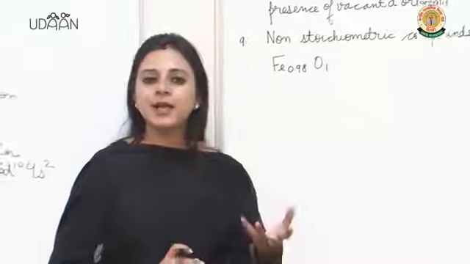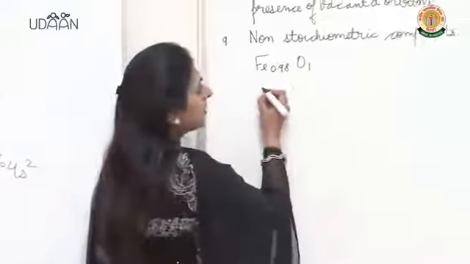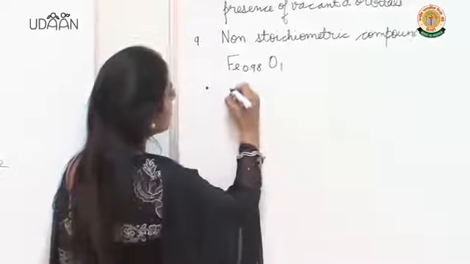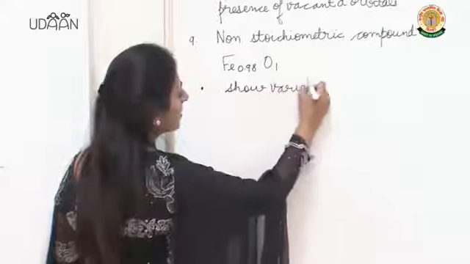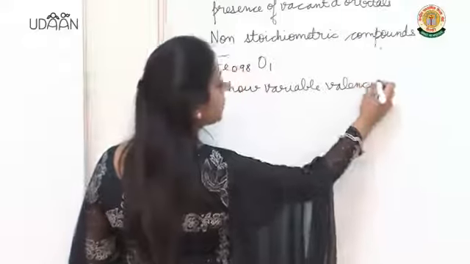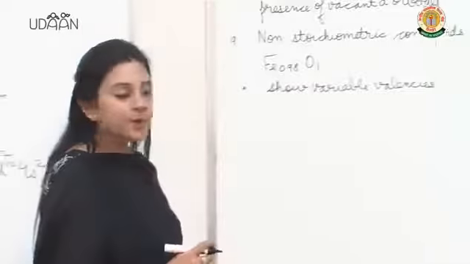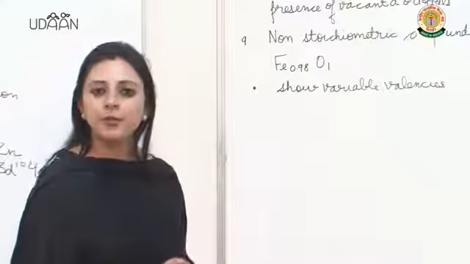Their crystal lattice have some voids, जिनकी वजह से they form non-stoichiometric compounds. So what is the reason? Because they can show variable valencies. They can show variable valencies, that is, they can show variable oxidation states. That is why they can form non-stoichiometric compounds.